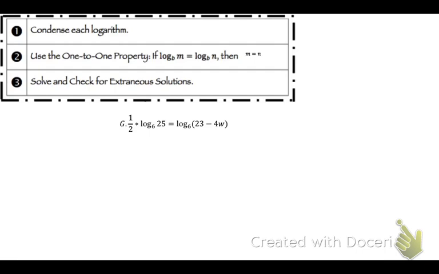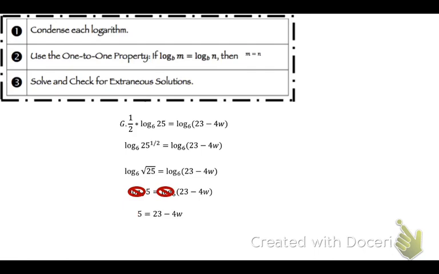Let's do this one. So 1/2 log base 6 of 25 equals log base 6 of 23 minus 4w. Now for 25, we're going to move that 1/2 so it becomes a power. Anything raised to the 1/2 power is the same as square rooting it. So that's going to be the square root of 25, which equals 5. So log base 6 of 5 equals log base 6 of 23 minus 4w.